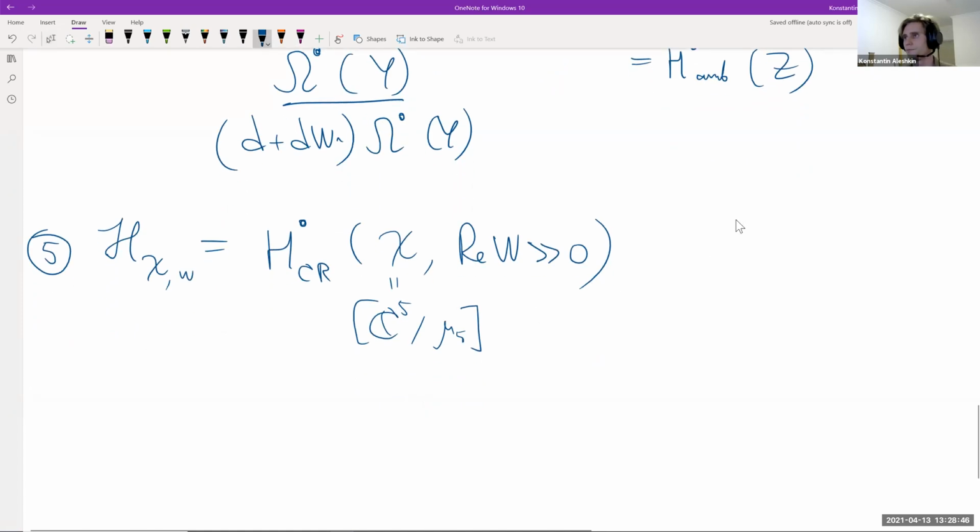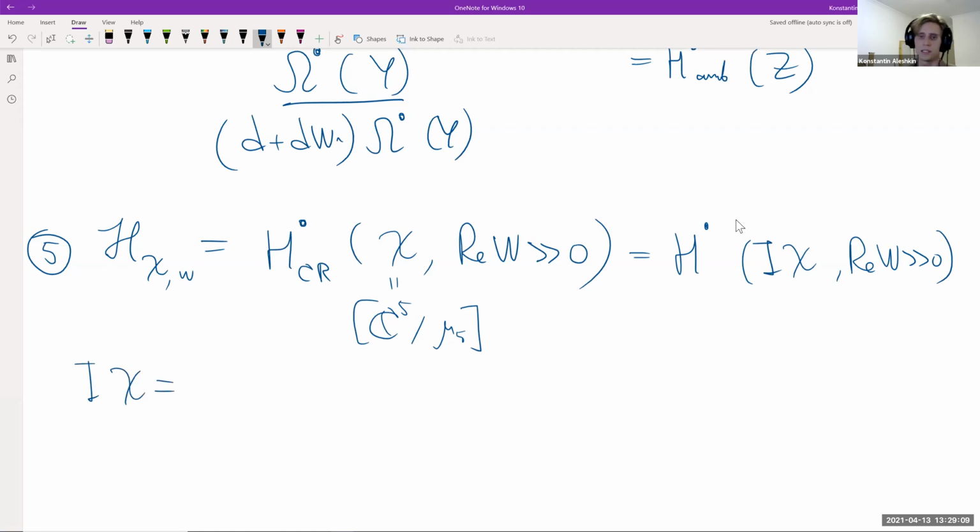Those are just the cohomology of the inertia stack. So we have the stack X and its inertia stack. In the case where we have some abelian quotients, the inertia stack is very simple. It's a disjoint union of the stack itself and a copy of the invariant locus associated to each group element of this mu5.